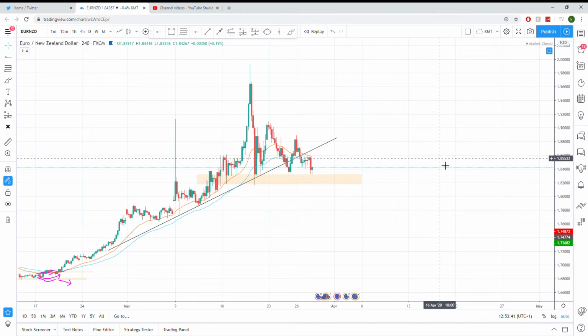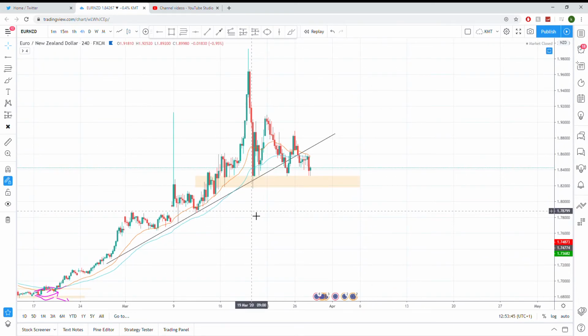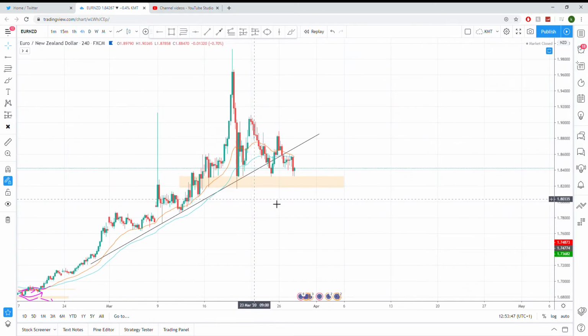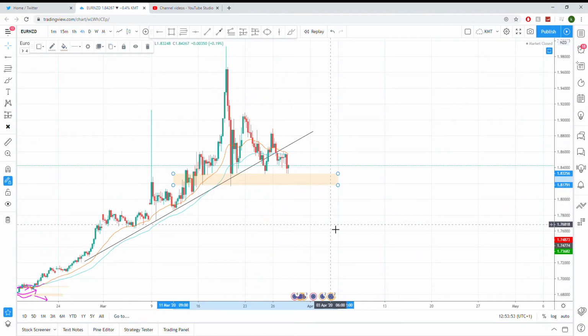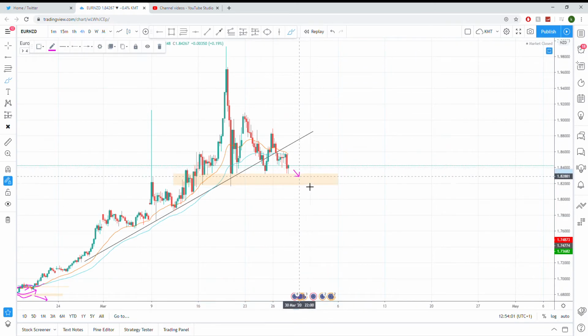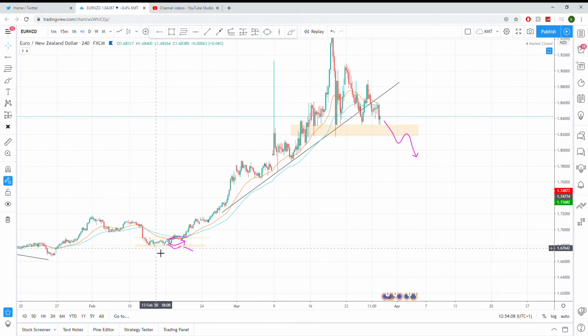So Euro New Zealand dollar, we are looking to break this uptrend that we currently have. We're just paying particular attention to this zone here, 1.81791 to 1.83256, and essentially looking for a push and pull again to the downside, and if we can push and aim for 1.67.